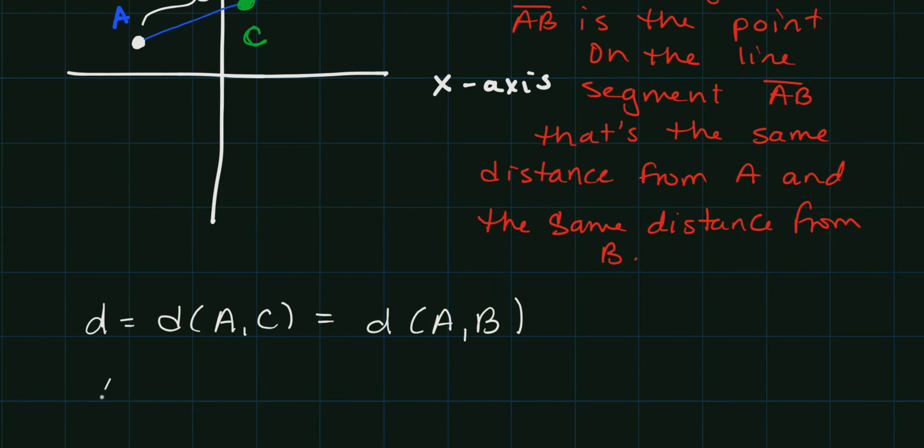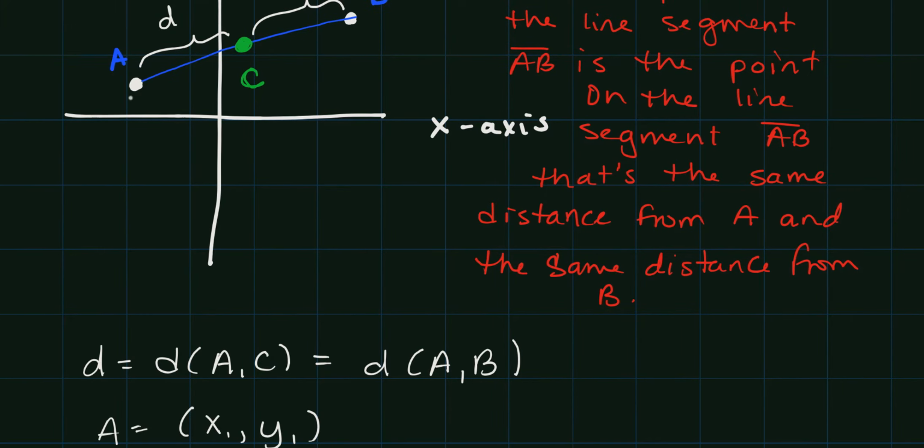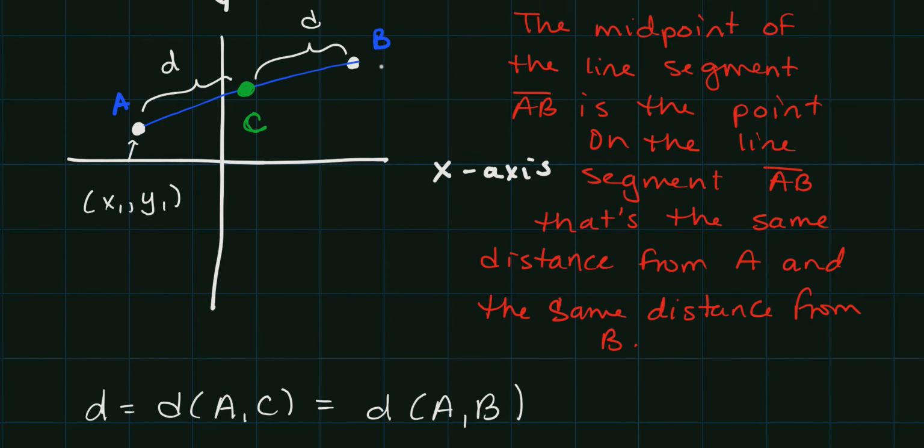So I'm going to let this be x1, y1. So this point right here, this is x1, y1. And then I'm actually going to let this point B be x2, y2. And this third point, the one that we're trying to find, we can label it x3, y3, but I'm just actually going to put x comma y.